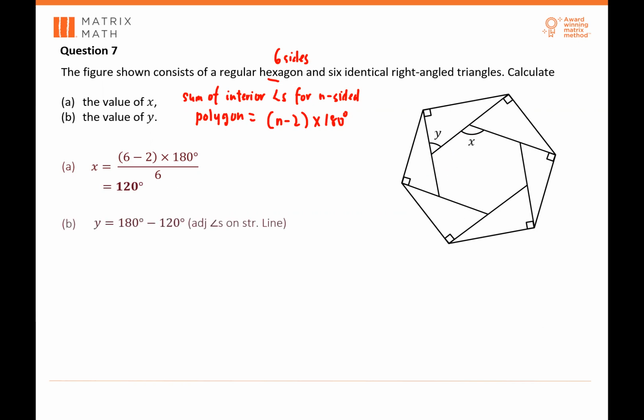Now part B, find the value of y. So since all my hexagons are regular, all of these are 120 degrees. So if I'm looking for my y, these two angles are on a straight line. I take 180 minus 120, and you get your y, 60 degrees.